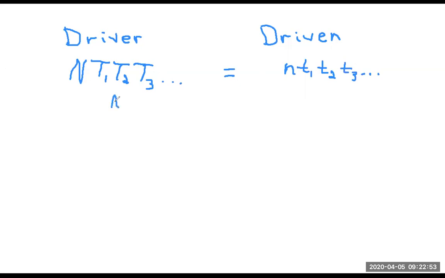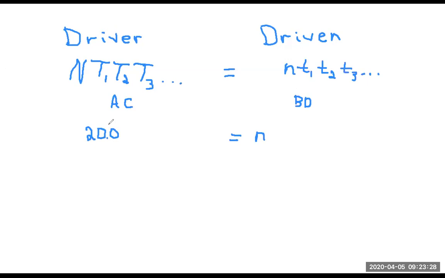In this problem, A and C were the drivers, B and D were the drivens. And the problem says, find the number of revolutions of gear D. So we want little n. If gear A rotates at 20.0 RPM, 3 sig digs here, this is the only number that matters, because everything else is an exact number.